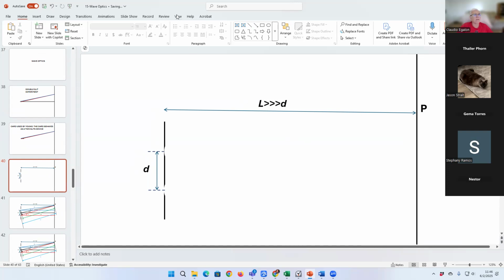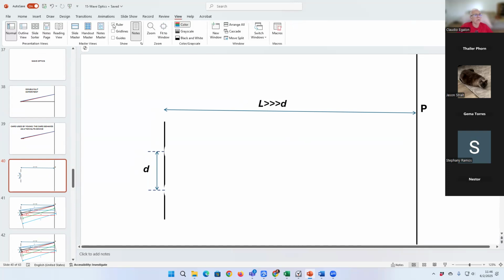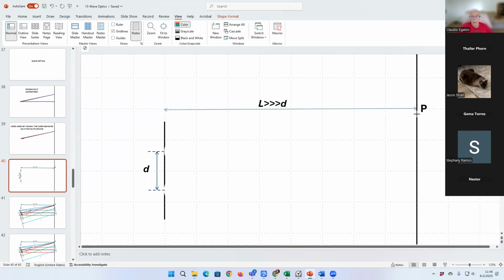What you see here is not to scale. The distance to the screen is much larger than the distance between the slits.